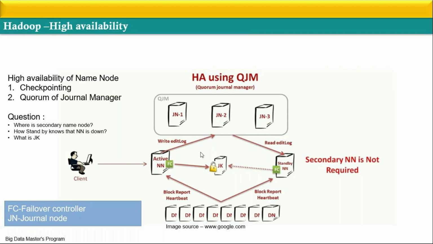It might be possible that the active name node which went down had the higher configuration, and the standby name node has the lower configuration.